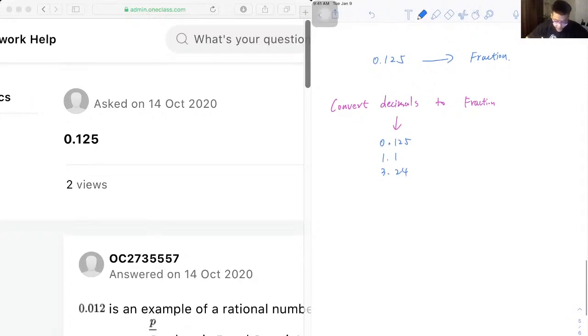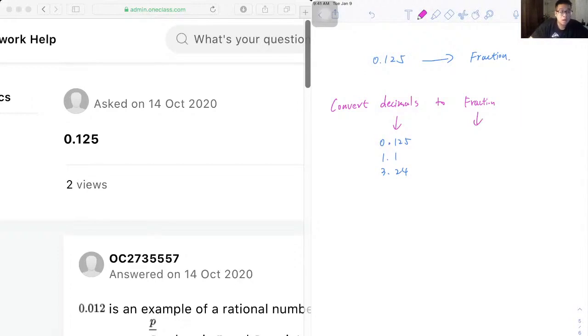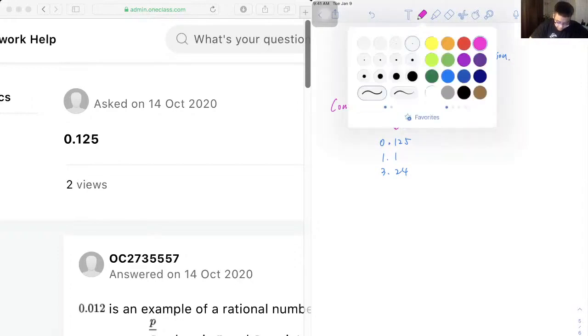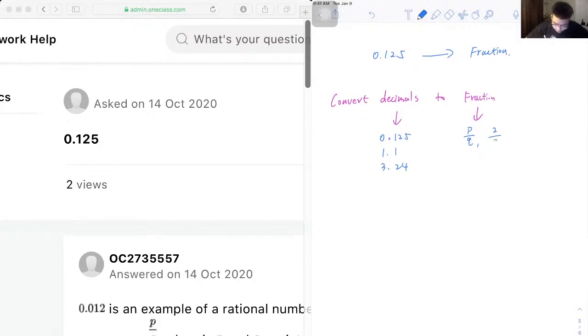And fractions are numbers that can be written in this form, let's say p over q. So this could be 2 over 3, 4 over 5, 5 over 4, 1 over 1.